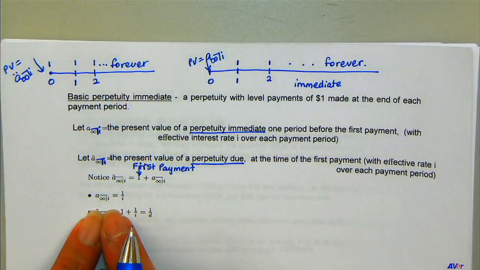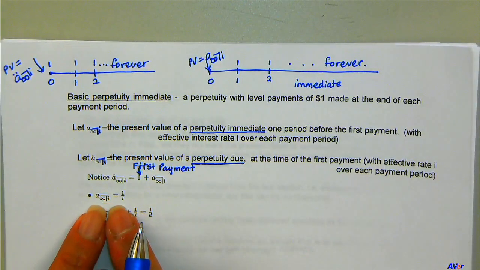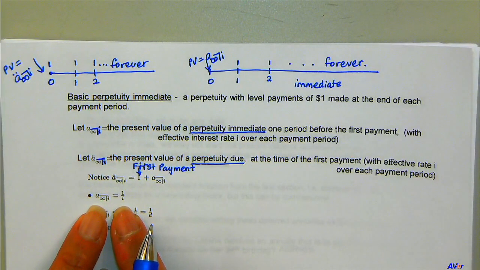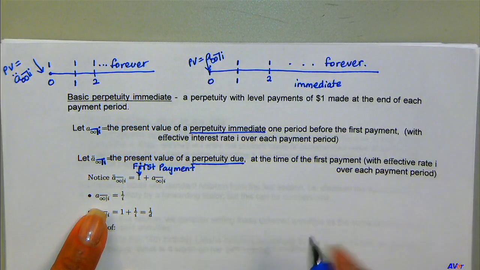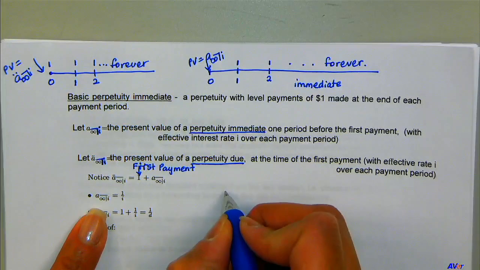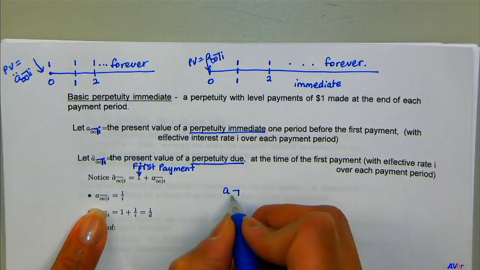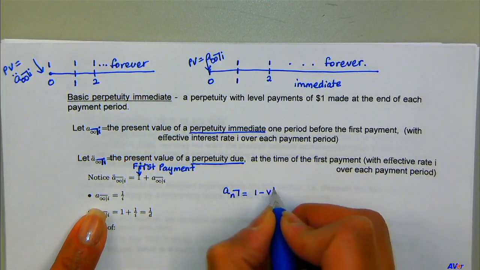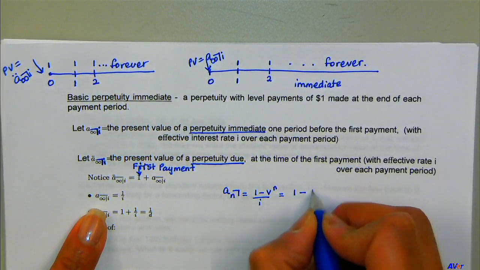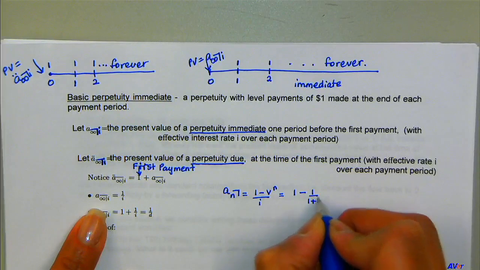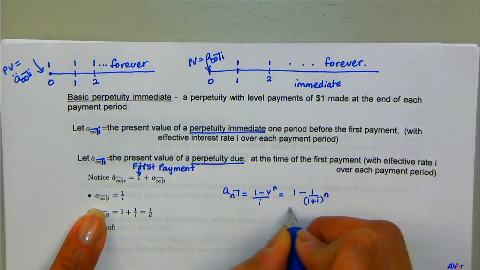So how about this formula right here? a angle infinity i is claimed to be equal to 1 over i. Can we show that? You can show it 2 different ways. One way is to do the cop-out way, which is we know that a angle n is equal to 1 minus v to the n over i, right? That's equal to 1 minus 1 over (1 plus i) to the n, over i.